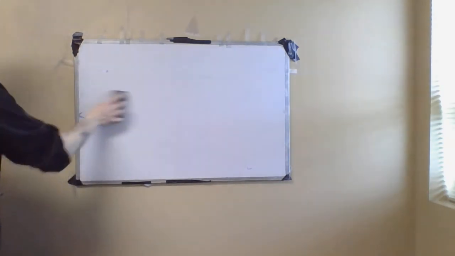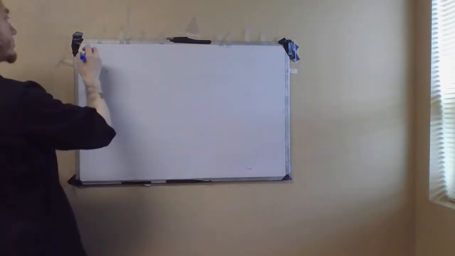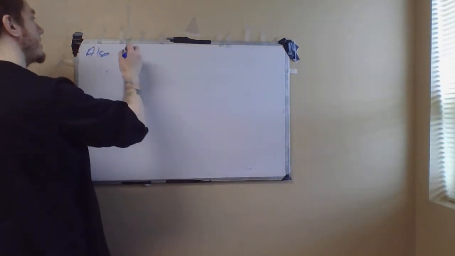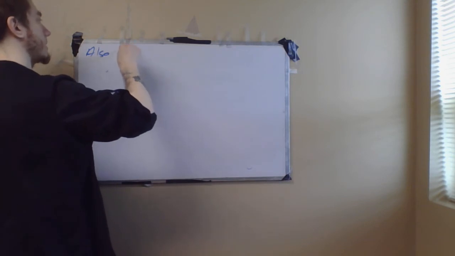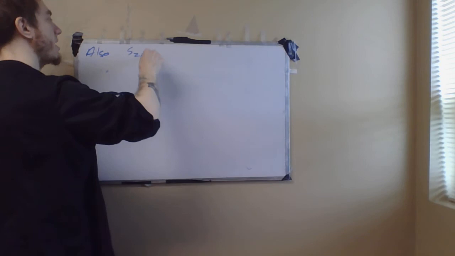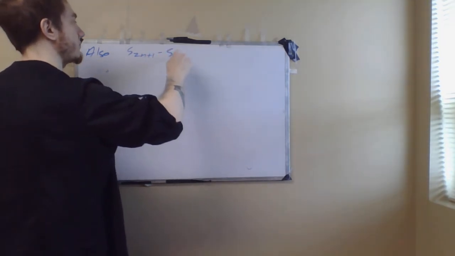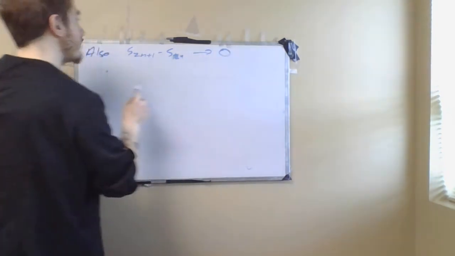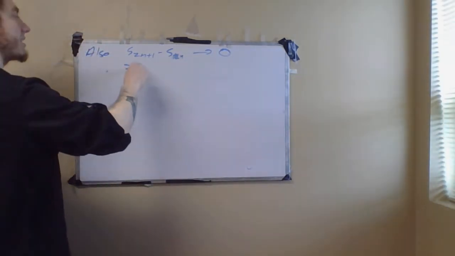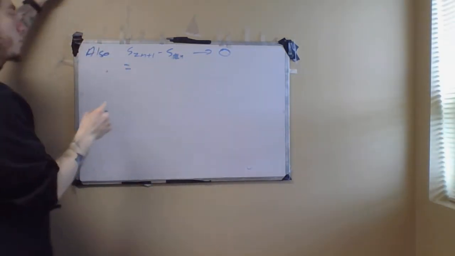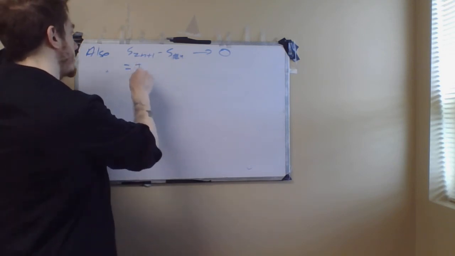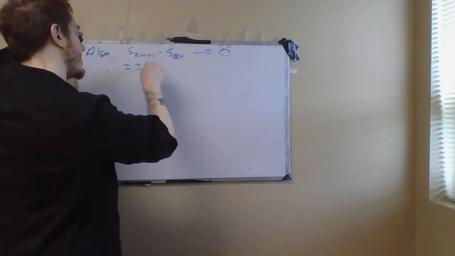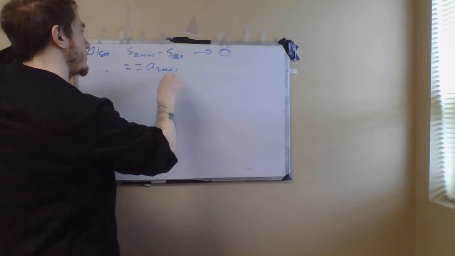We know that they are both converging. We also know that the difference, S of 2n plus 1 minus S of 2n, is going to 0, because this is just equal to plus or minus, I forget which one, and it doesn't really matter, a sub 2n plus 1, which is converging to 0.